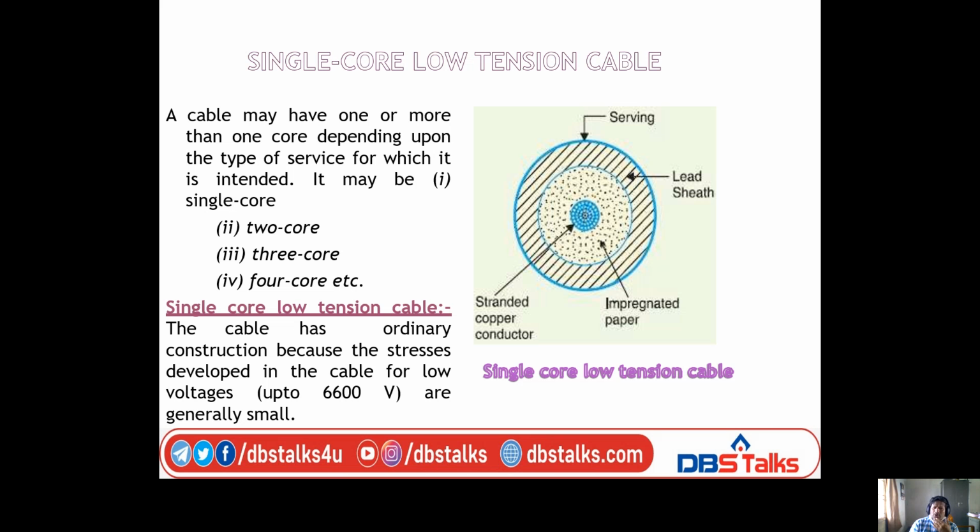This single core low tension cable has an ordinary, that is simple, construction, because the stresses developed in the cable for a low voltage, generally 6600 volts, are very small. That means electric stresses developed in the core are very small in the low tension cable.